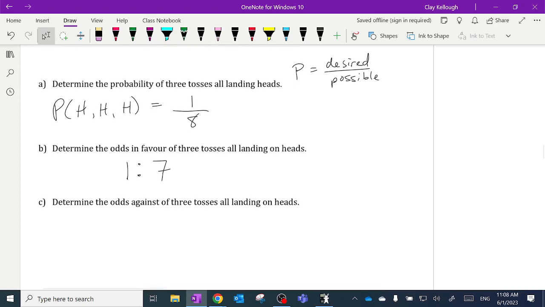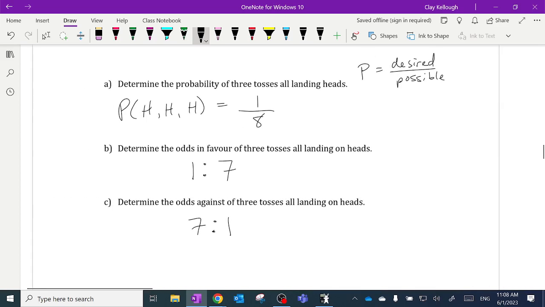What are the odds against all 3 tosses landing on heads? This is an easy question. You just reverse those two. 7 to 1. So notice probability is related, but it's written and expressed kind of differently. It's a slightly different way to think about it.